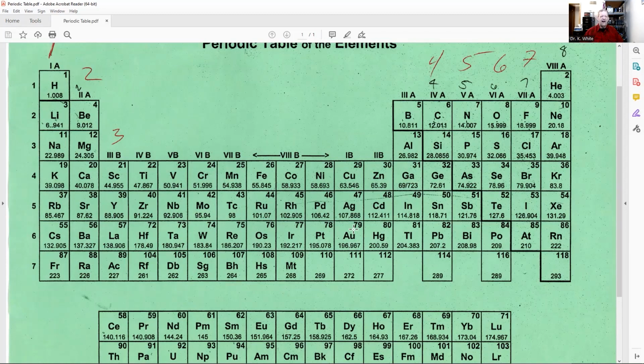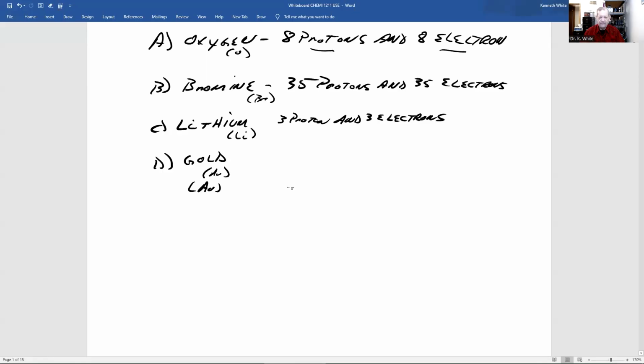And 79 equals the number of protons equals the number of electrons. So gold has an atomic number of 79, and that means it has 79 protons and 79 electrons.